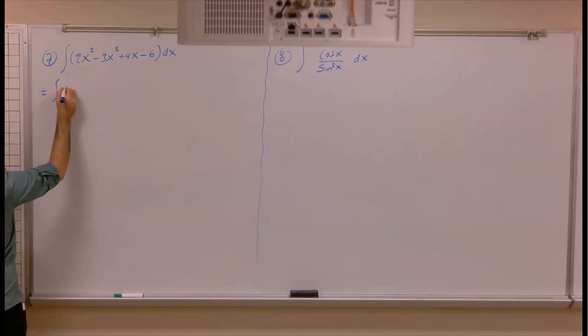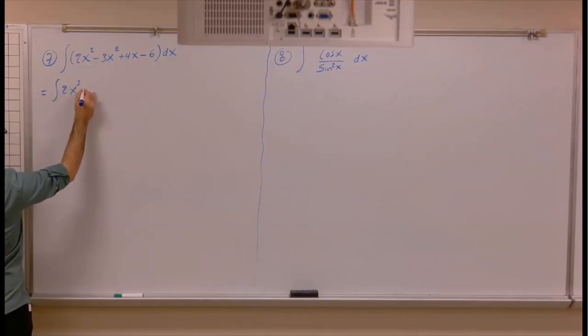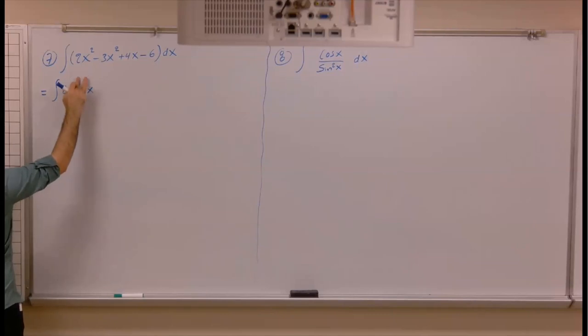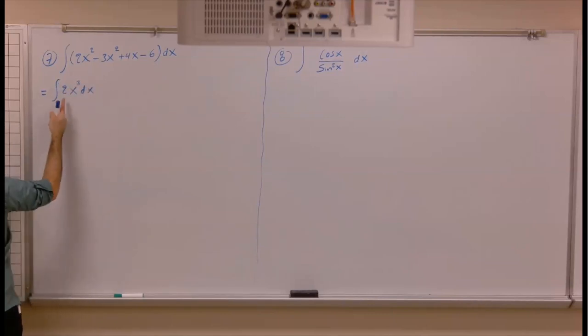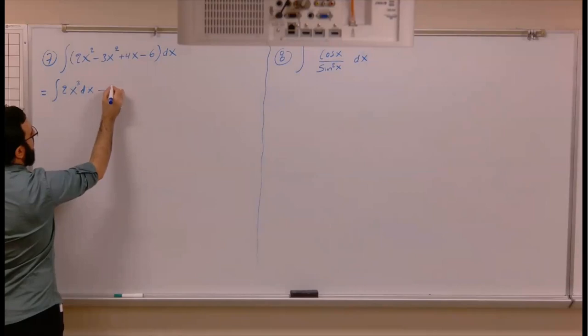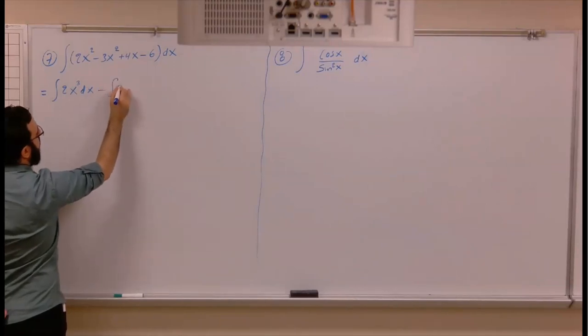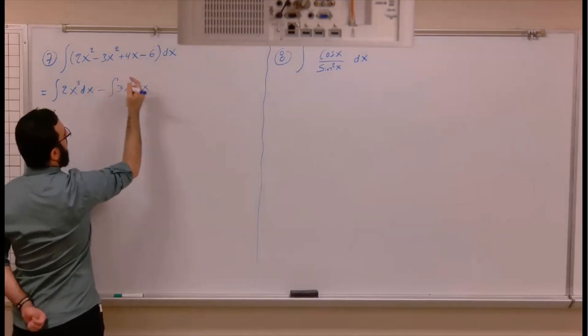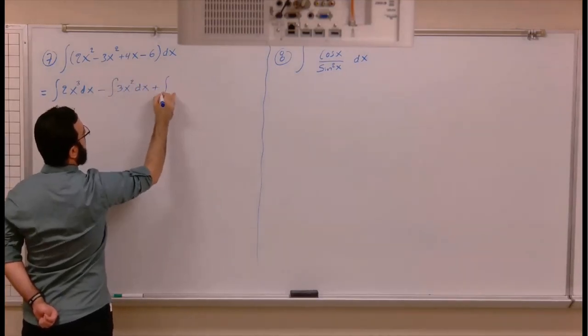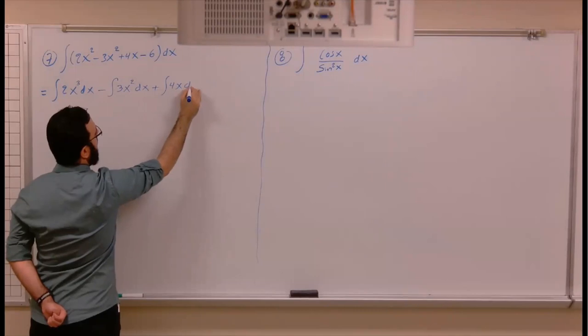It's the integral of 2x cubed dx. I'm doing it in detail, but you don't have to. You're just going to say, okay, I'm going to find the integral for x cubed. So it's going to be minus the integral of 3x squared dx. And then you're going to say plus the integral of 4x dx.